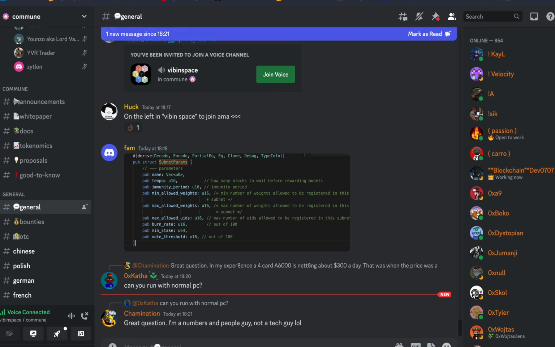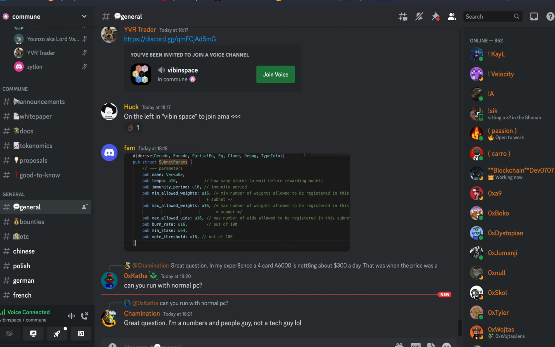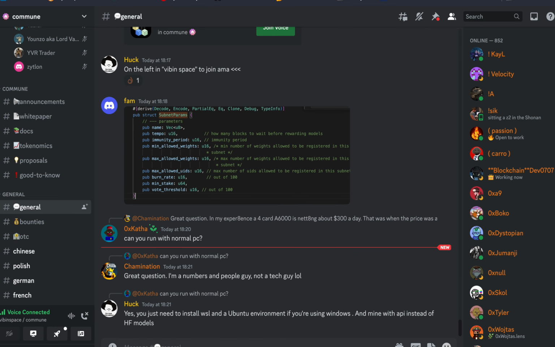And so this removes all my pseudo commands, because not only can you change subnets, you could also change global parameters as well, which are the parameters across all subnets. So this would be the amount of modules that are registered per block. We control that.